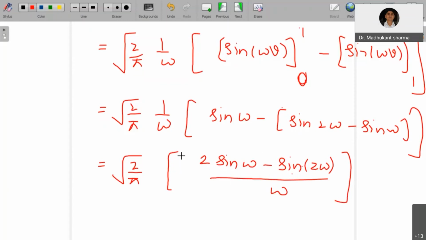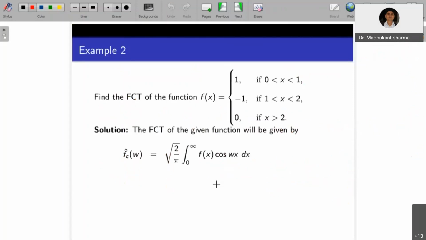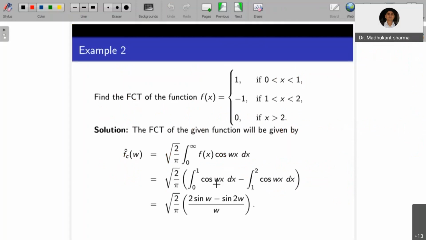You can do that further simplification. So this is what we have for this example.